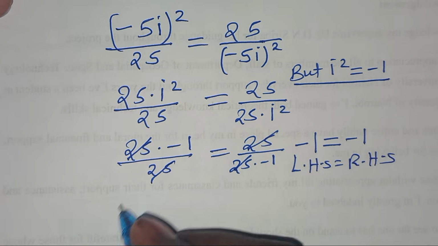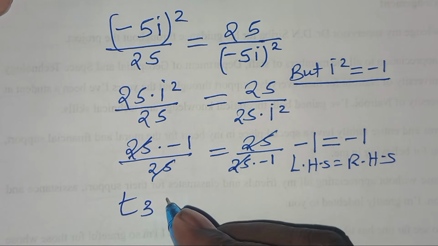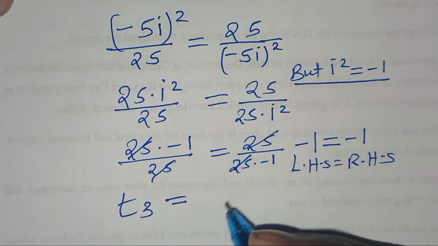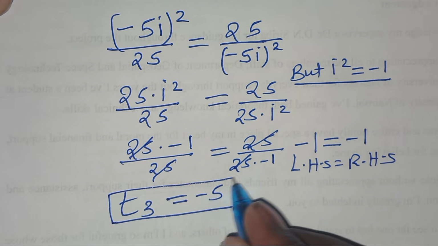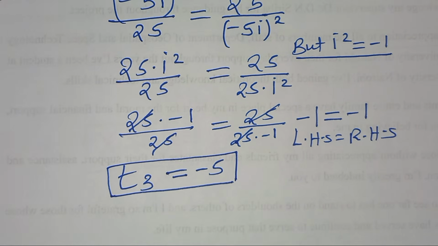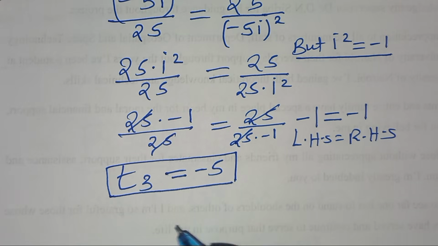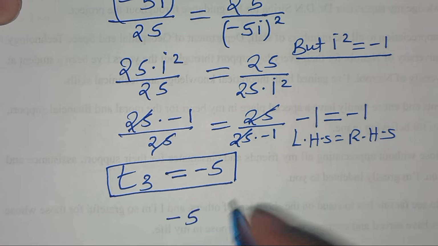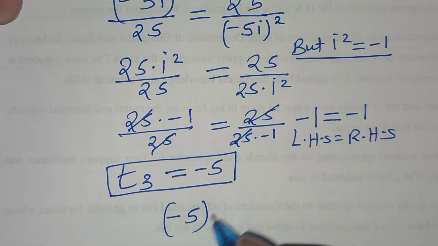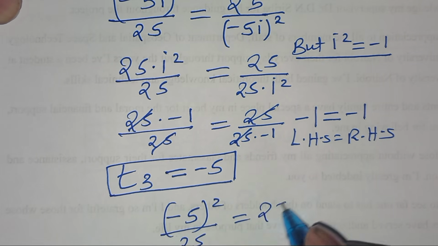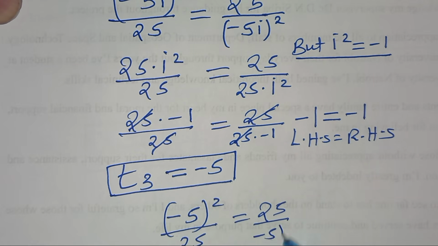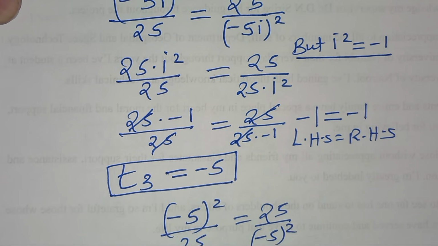Now let's check T3, which is equal to minus 5. Let's check if minus 5 satisfies the equation. So we have that minus 5 squared divided by 25 is equal to 25 divided by minus 5 squared.